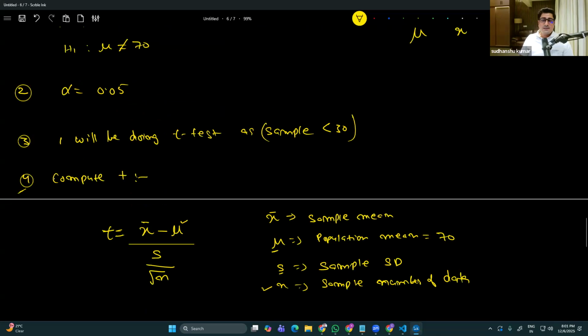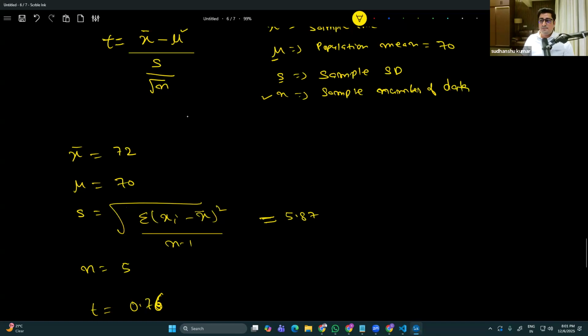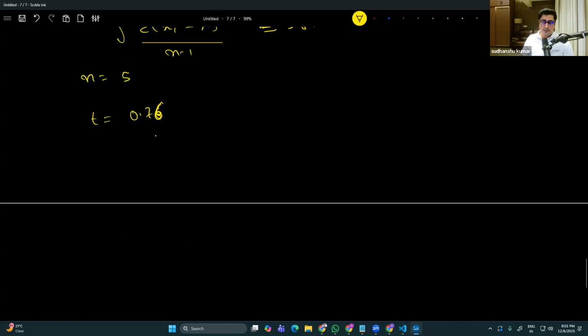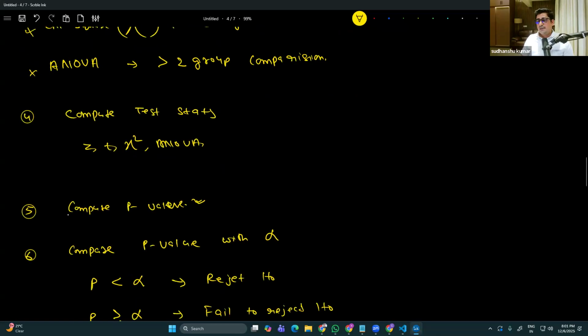So my fourth step is complete: compute the value of t, and with the help of this formula I'm able to compute t. Now what is my next step? Compute a p-value. We are able to do the calculation till the fourth point. Now I have to compute a p-value.